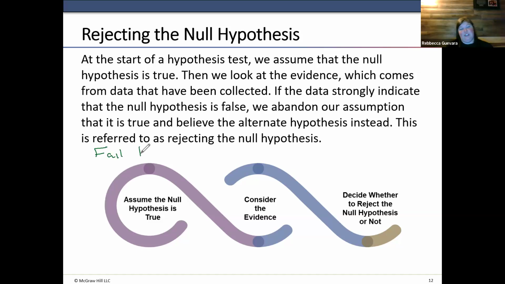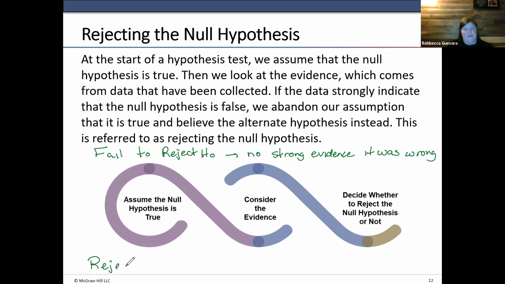So we can either fail to reject the null hypothesis, which means we didn't have any strong evidence that it was wrong. Or an alternative is that we just reject the null hypothesis. That means we have strong evidence that it is false.